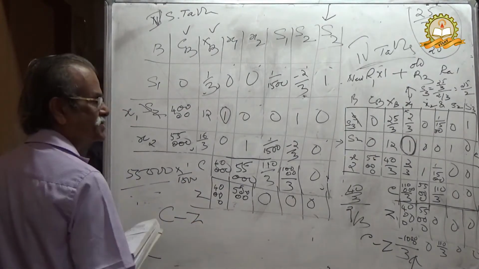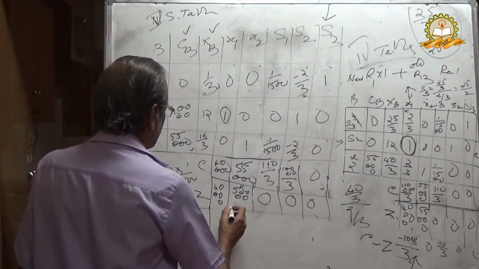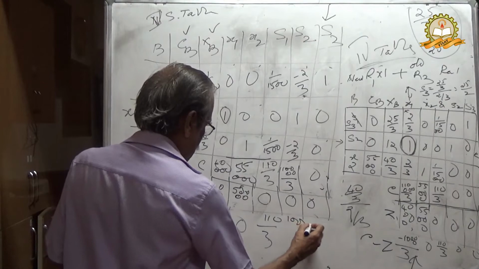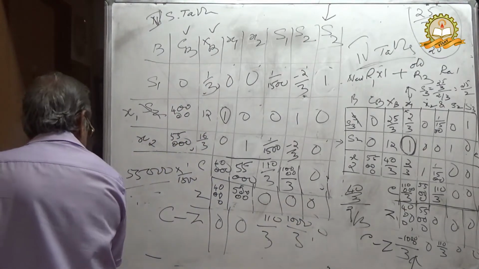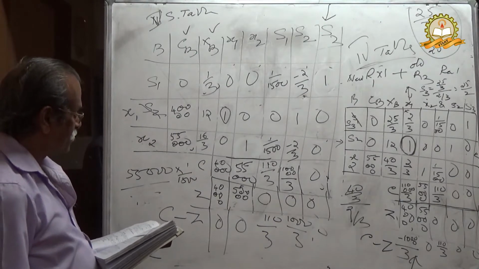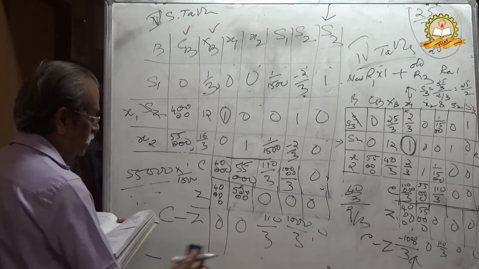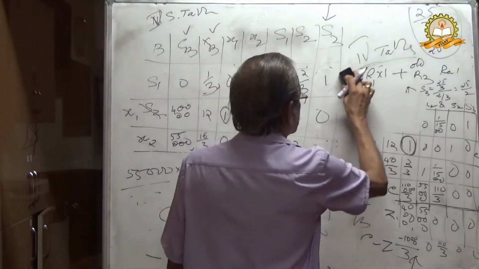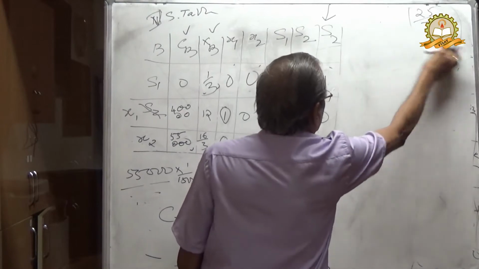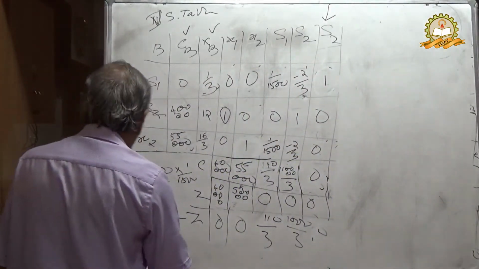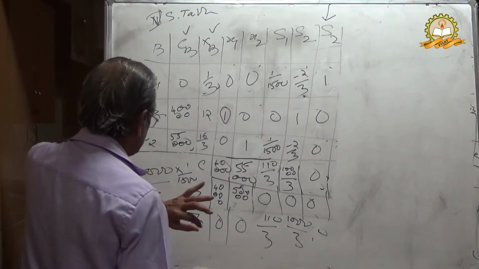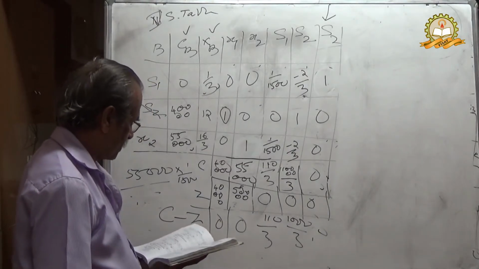Subtracting C minus Z, this becomes 0, 0, 110 by 3, 10,000 by 3, 0. Here we observe all the elements in the C minus Z row become positive, which means our solution is optimum.